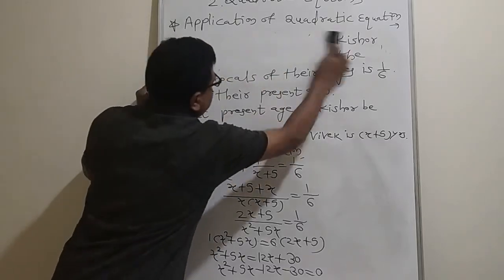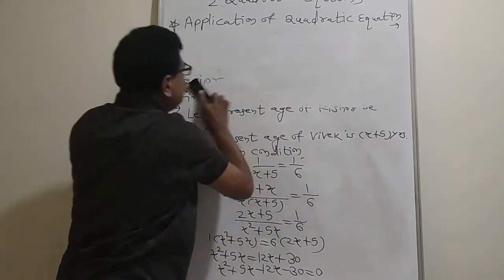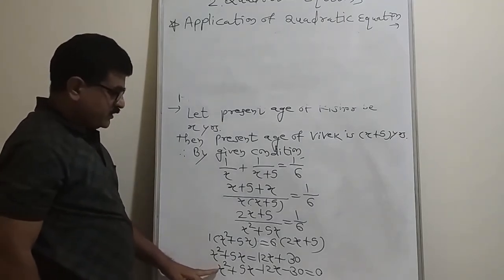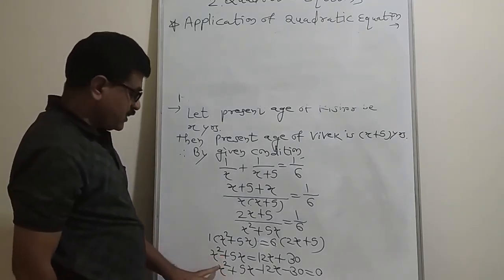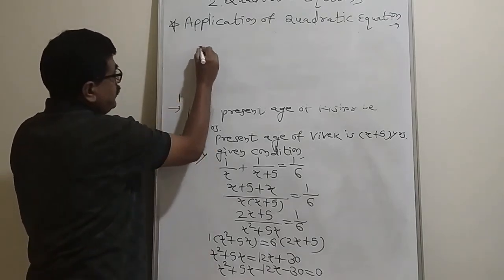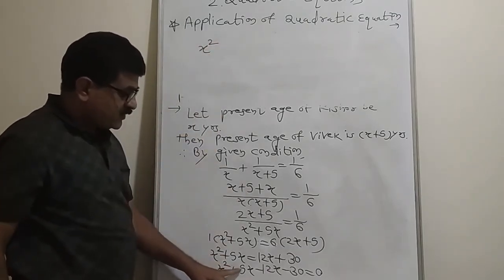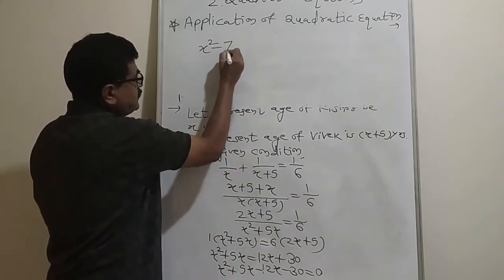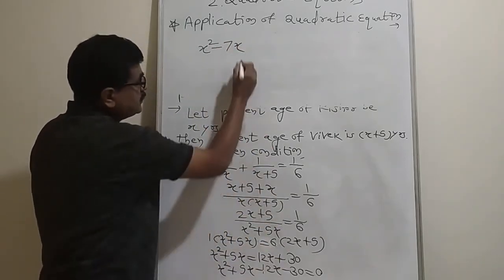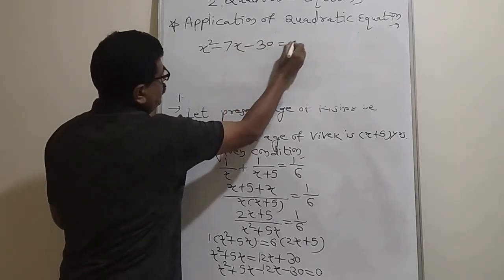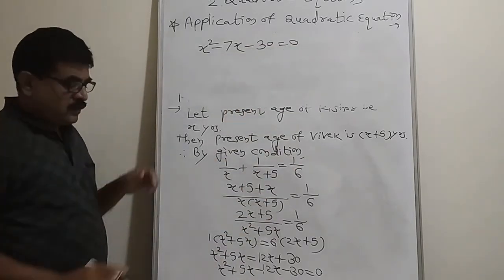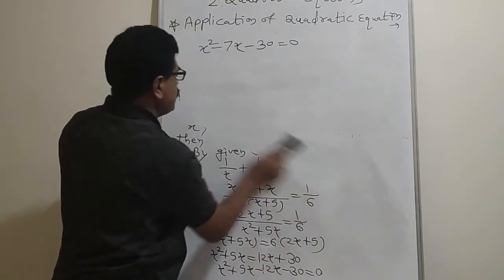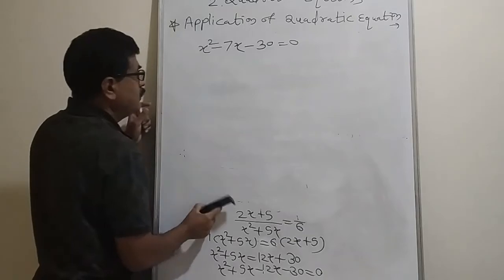Now from this equation we get the standard or general form of the quadratic equation, that is x square plus 5x minus 12x, that is minus 7x, minus 30 is equal to 0. Now we have to solve this quadratic equation.